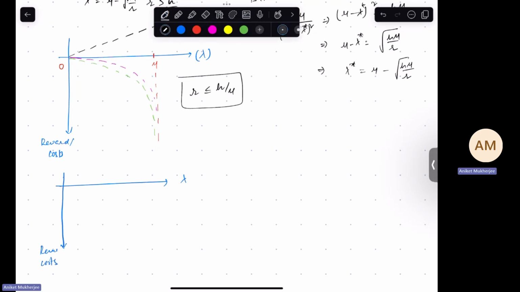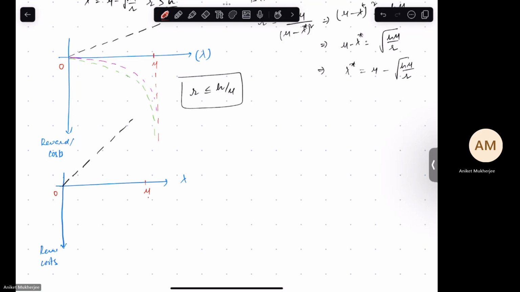Okay. Now if you increase the rate of your reward, and you have mu and zero, right? Now the waiting cost would remain the same because you've just changed the reward that you get for each arrival.